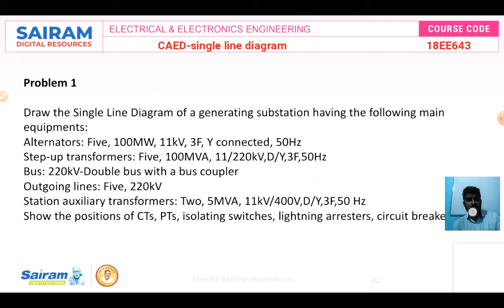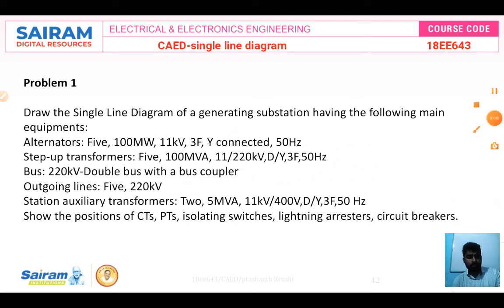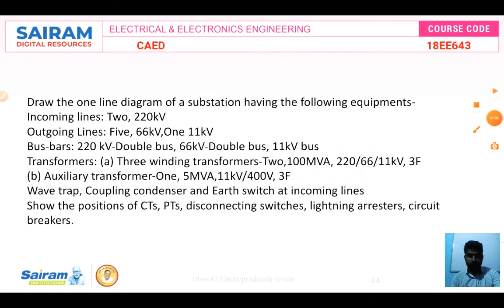The first problem. Draw the one line diagram of a substation having the following equipment. They are given all the components, right? Incoming lines 2.